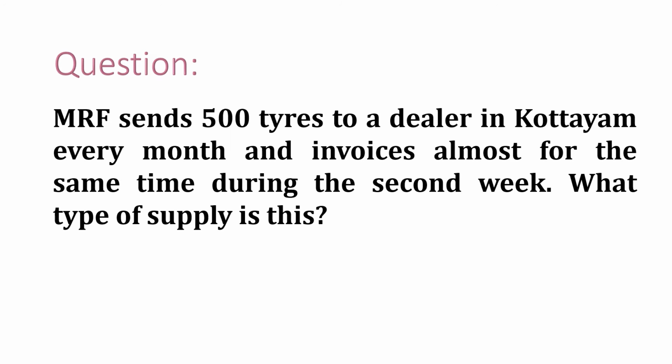Next question. MRF, the company, sends 500 tires to a dealer in Kottayam every month and invoices, which means prepares the invoice, almost at the same time during the second week. What type of supply is this? The answer is continuous supply.